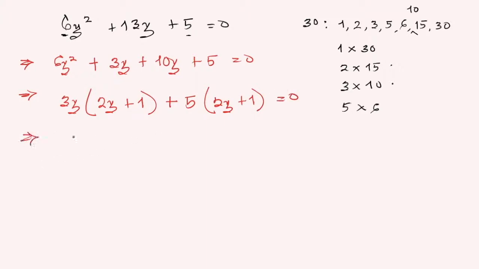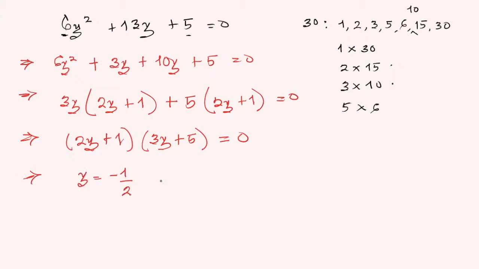So our final expression of factors is going to be equal to 2y plus 1, 3y plus 5 equals 0. And so the roots here are y equals minus 1 over 2, or y equals minus 5 over 3.